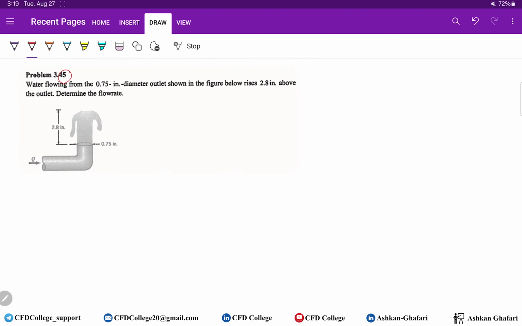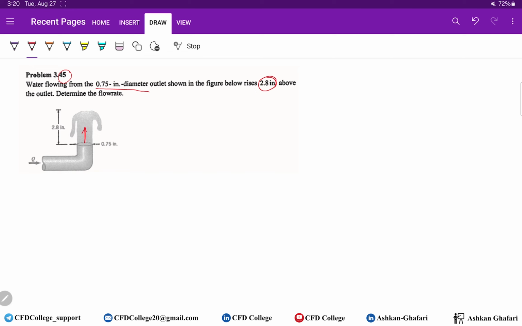Problem number 45. We have a fluid flow inside this pipe. The pipe has the diameter of 0.75 inches. Here is the outlet, and we know that the water rises up to 2.8 inches above the outlet, and we want to know the flow rate of the water.